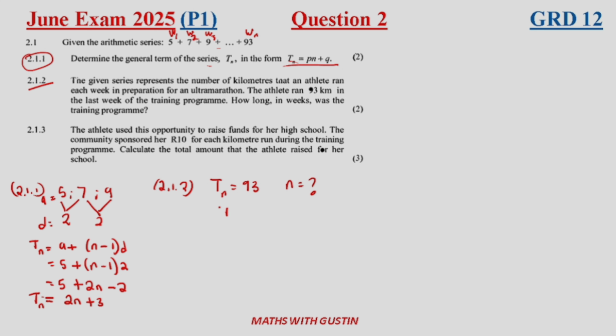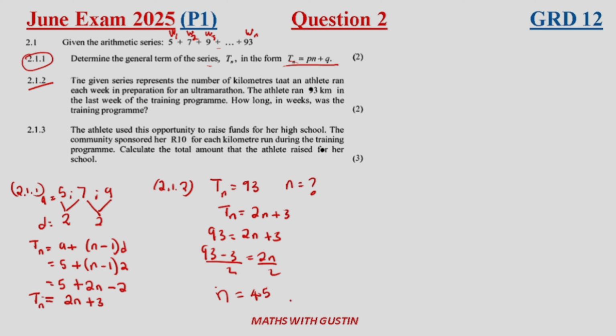We set it equal to 93 and find n, the number of weeks. Take 3 to the other side, and we are left with 2n. Divide everything by 2, put this in our calculator, and n is equals to 45. But it's not just 45, it's 45 weeks, because this is given to us in terms of weeks.